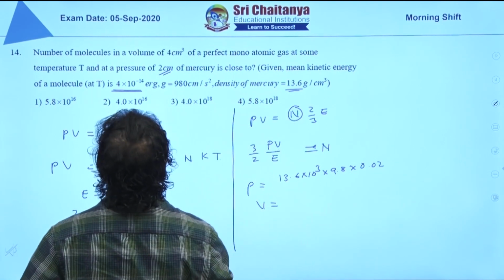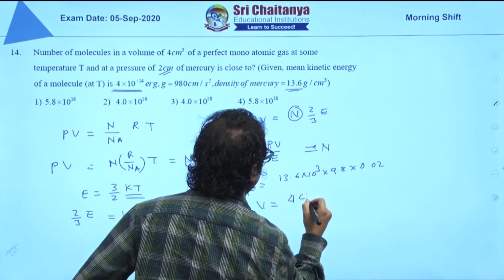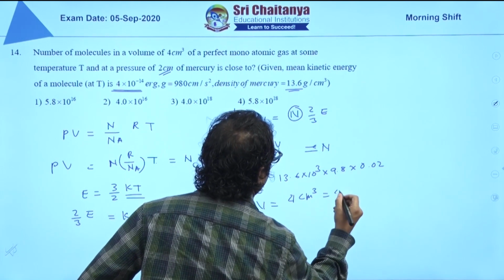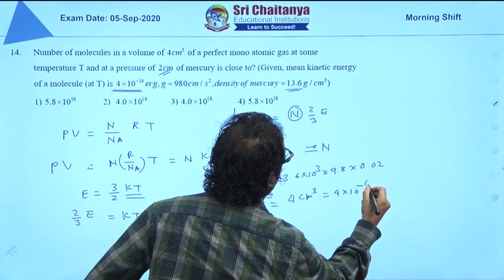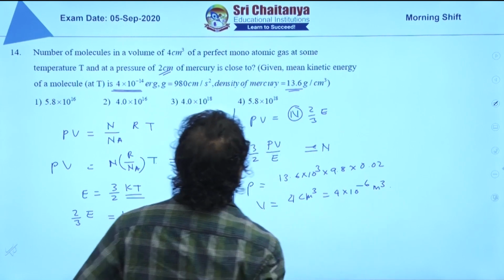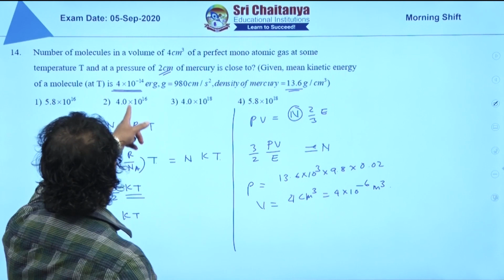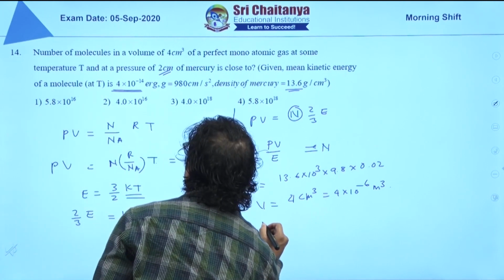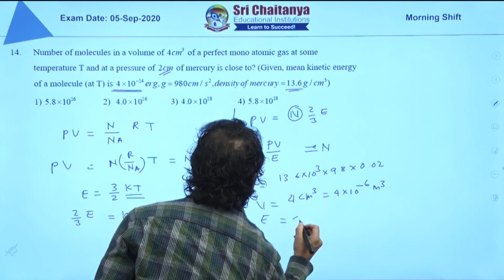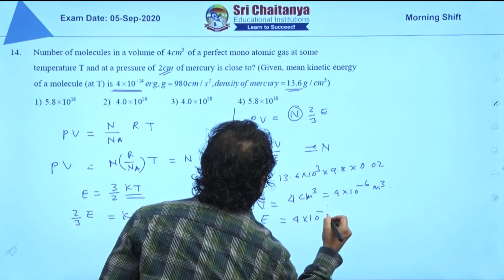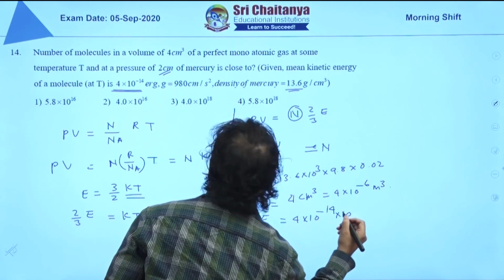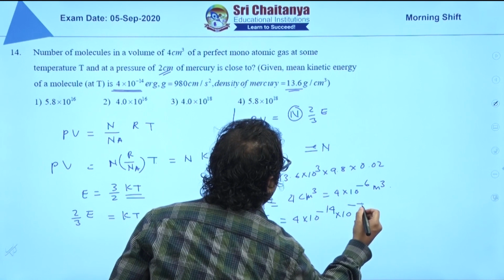Volume is given as 4 centimeter cube, so that is 4 into 10 to the power minus 6 meter cube. Energy we already got, 4 into 10 to the power minus 14 into 10 to the power minus 7 joules.